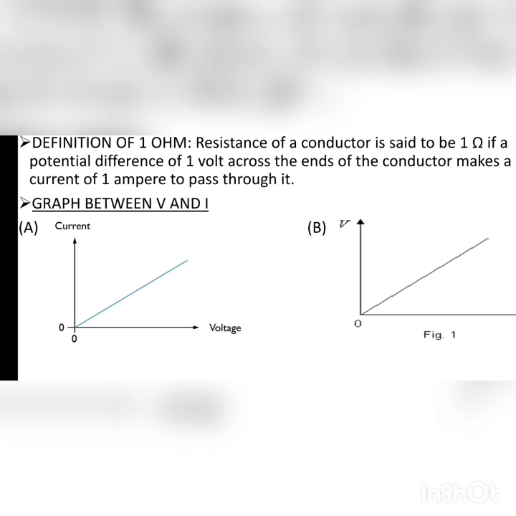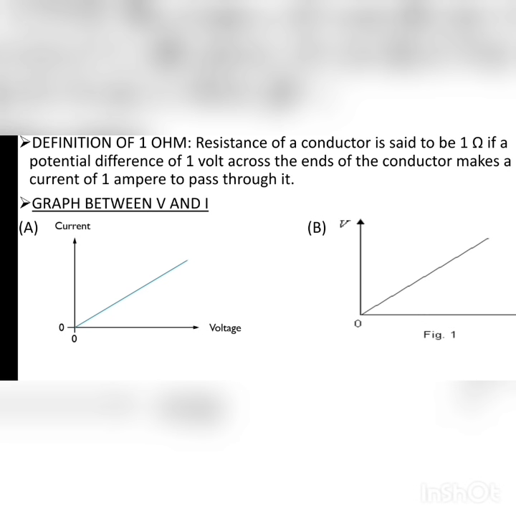If it is not mentioned whether they want a VI graph or an IV graph, then you will draw the graph in part A, in which voltage is on the x-axis and current is on the y-axis. In this, by Ohm's law, I is directly proportional to V, that means your graph between current and voltage will be a straight line inclined to the x-axis and passing through the origin.